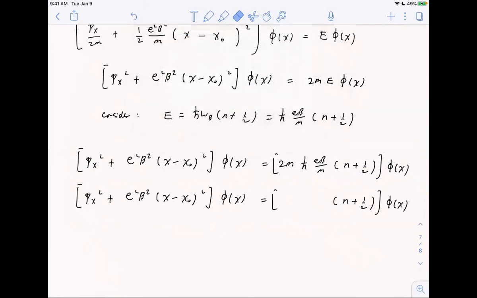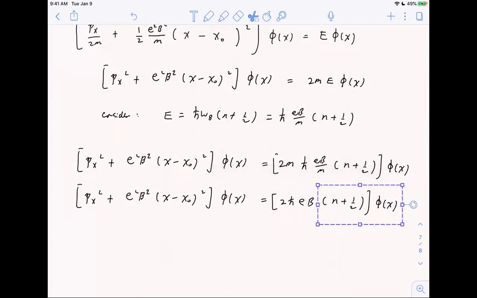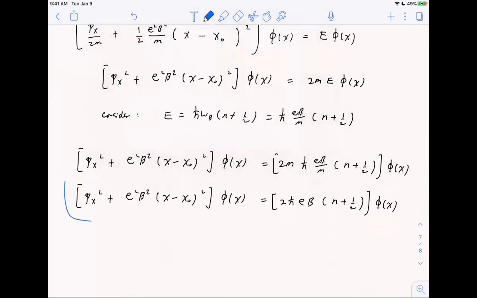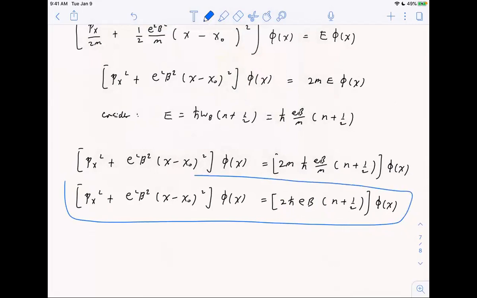You only have 2 h bar e b. Okay, so we get this equation for the massive particle.